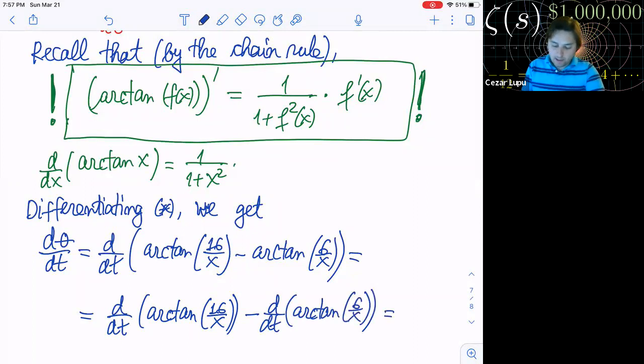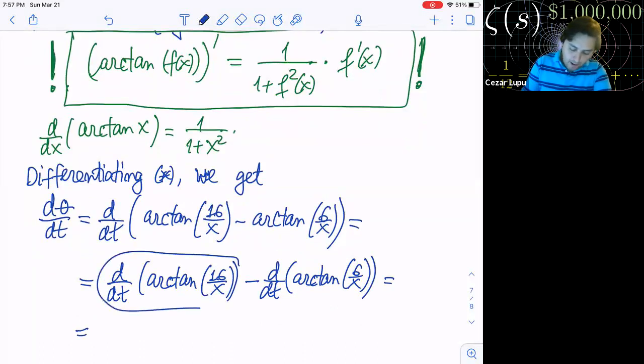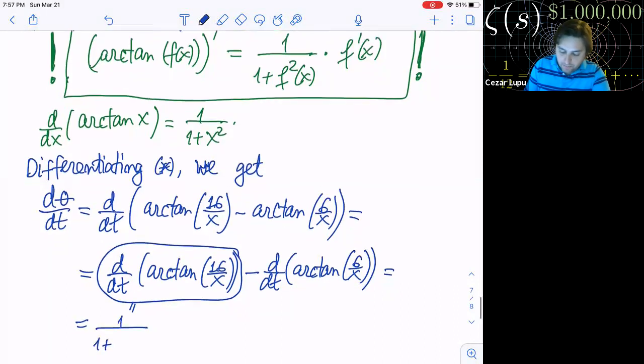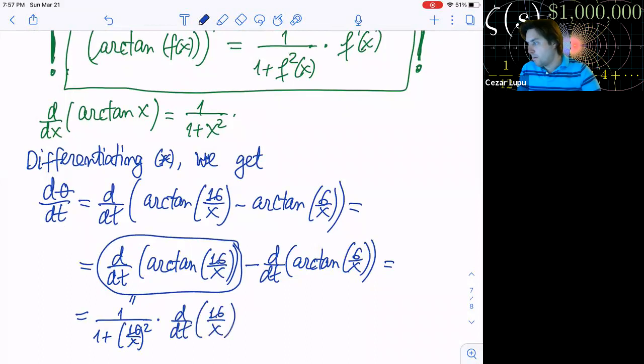All right, great. Now let's do this one by using the chain rule. The first one here will be equal to what? We have a function f of x, which is 16 over x in our case. So it will be 1 over 1 plus f squared of x, which is 16 over x, everything squared, times d over dt of 16 over x.